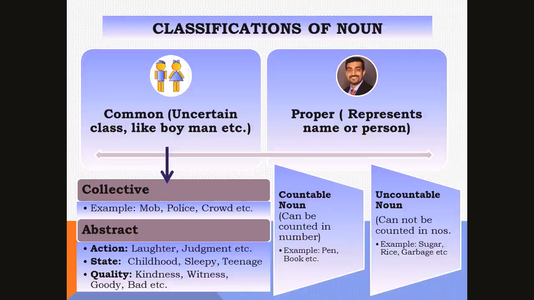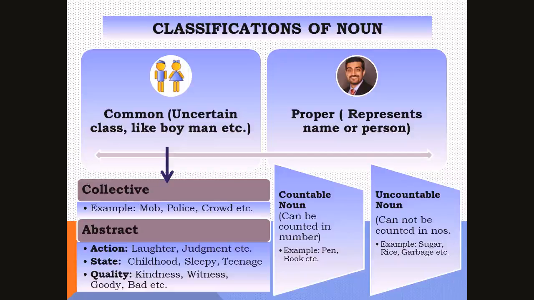Here, sleepy is the subject of this sentence and it is working as a noun. Dislike, you can say others' quality. The kindness, witness, goody, bad. These are also represented sometimes as nouns, so these are called abstract nouns.